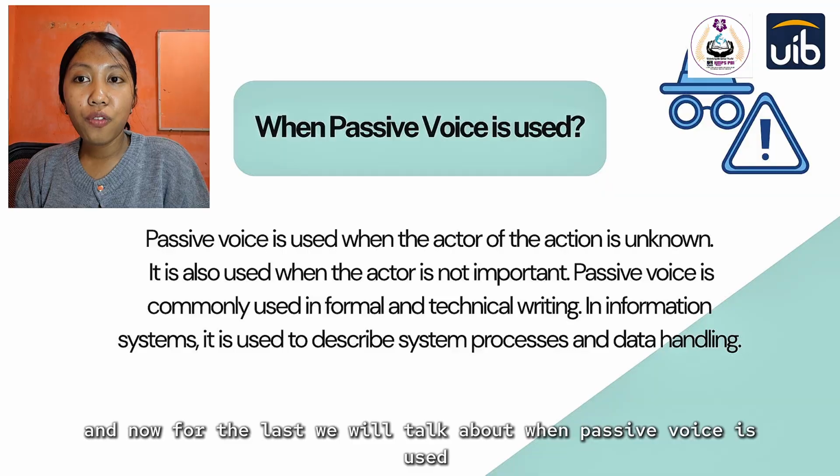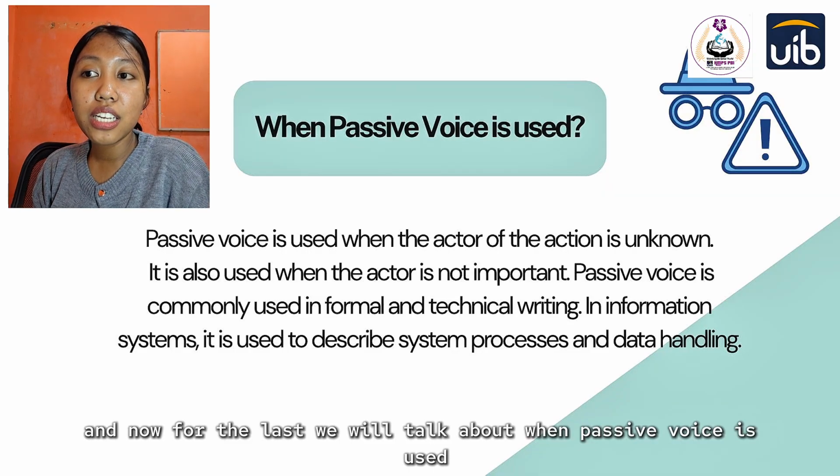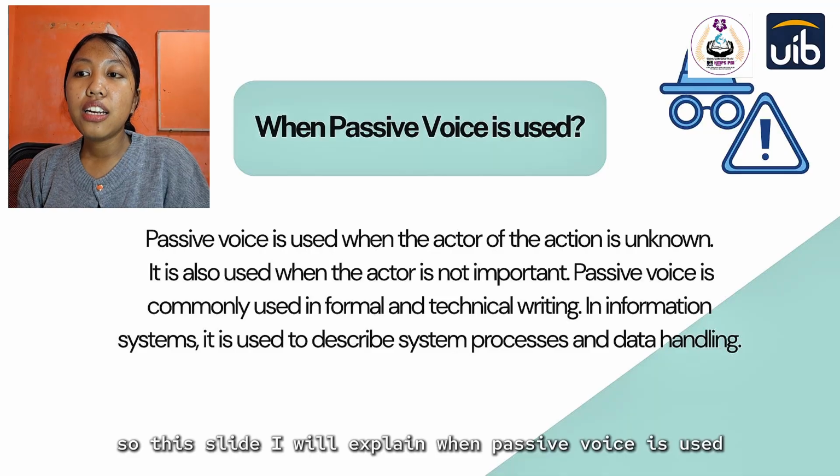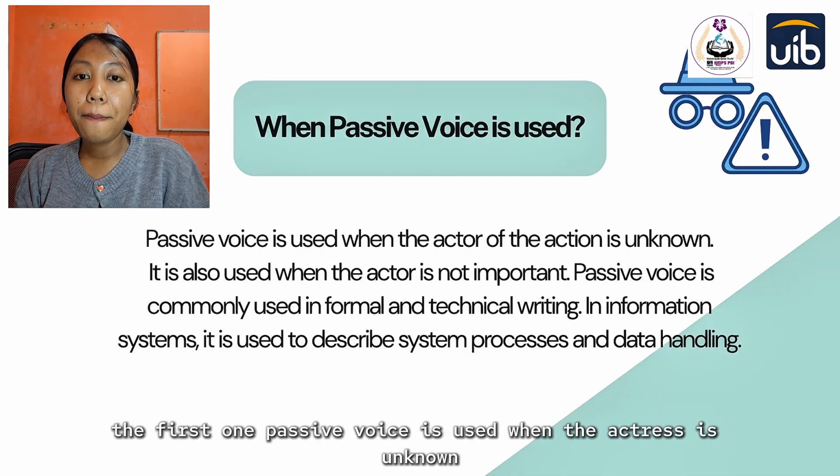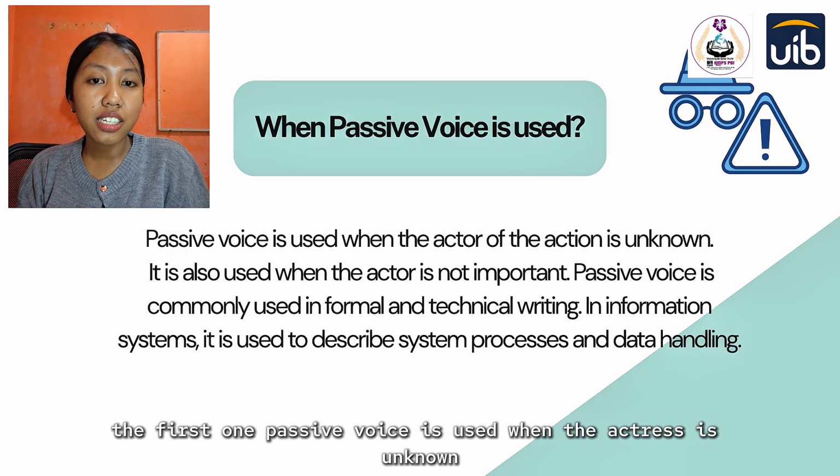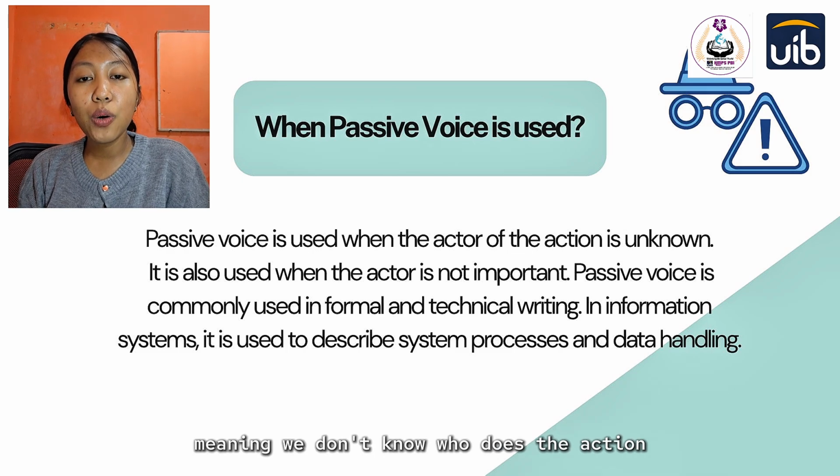And now, for the last, we will talk about when passive voice is used. In this slide, I will explain when passive voice is used. The first one, passive voice is used when the actor is unknown, meaning we don't know who does the action.